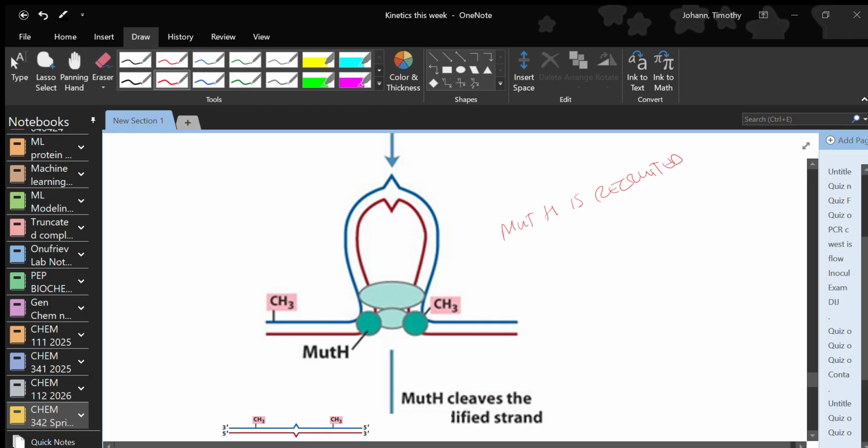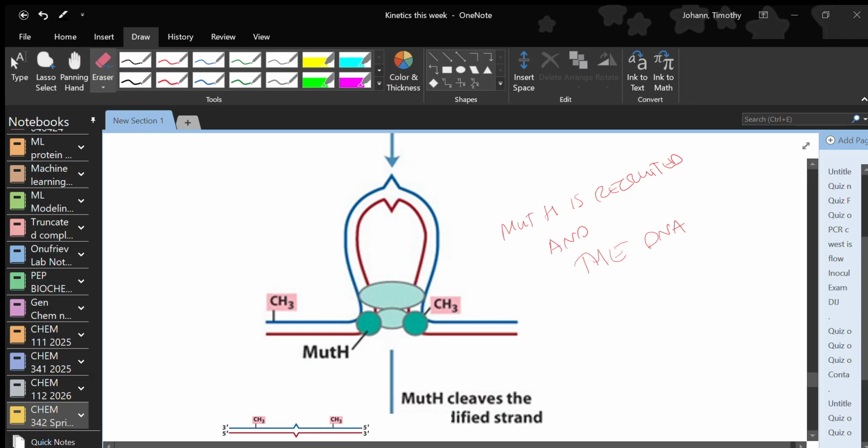So it binds to the MutL, MutS complex and essentially spools out DNA until it finds a methyl group. Spool's okay? It's not a very scientific term. It's essentially going to suck up the DNA and make a loop, right? We're going to pull it in from both sides. Maybe let's say scans.